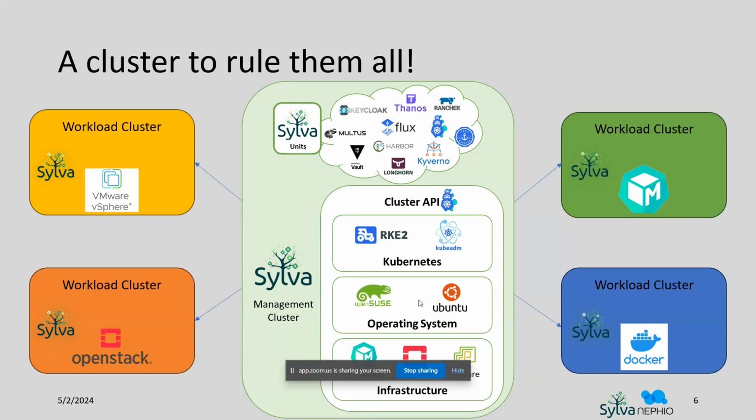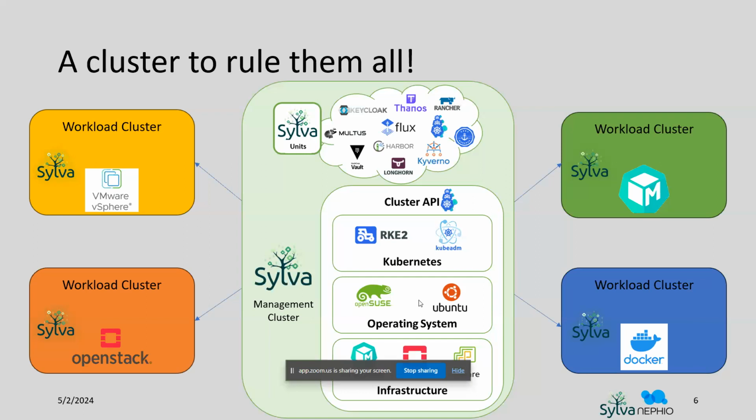Sylva is able to manage this multi-cluster infrastructure through 2 main units, 2 main components. The first one is Cluster API, which has already been integrated, and Sylva is based on it. We can use this API for managing these clusters.